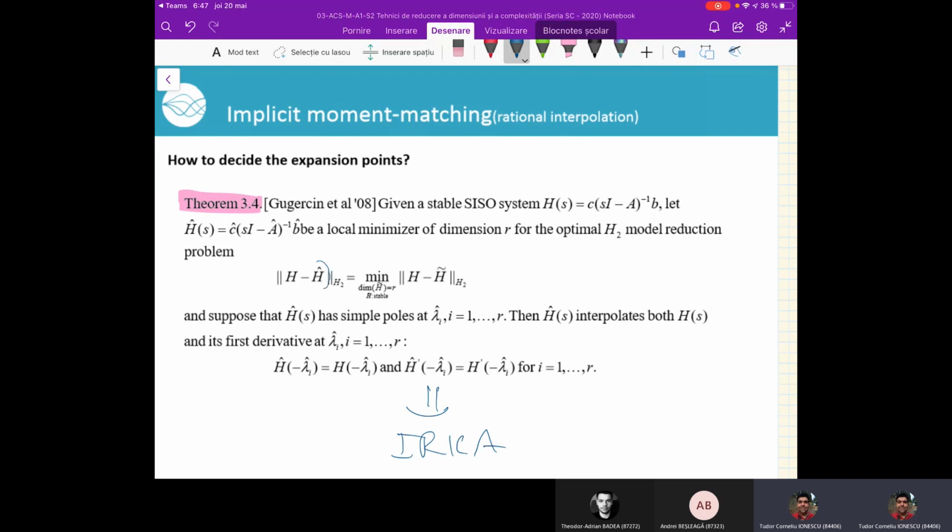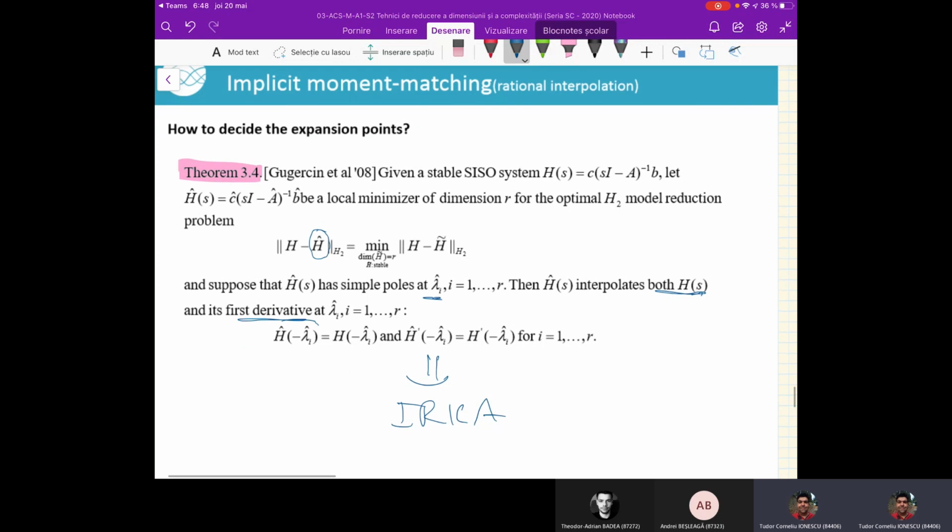If h hat solves this problem, if h hat minimizes this problem, and assuming that h hat has simple poles, but this is not necessary, you can have multiple poles as well, then h hat interpolates both h and its first derivative at minus lambda hat i, where lambda hat i are the poles of the approximant.